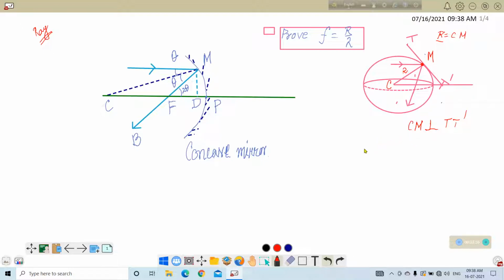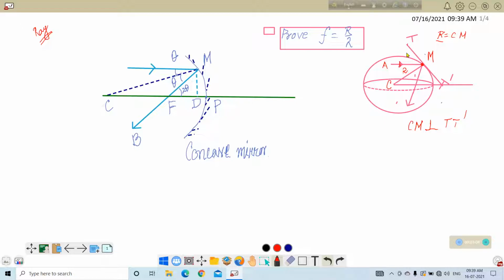Now, if any ray like AM is a light ray, and the direction of the light ray has been shown in this figure. Any light ray from point A that is incident on M, and if this point M can reflect that light back.